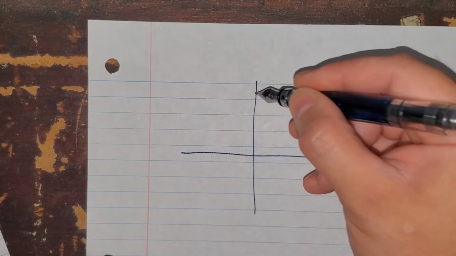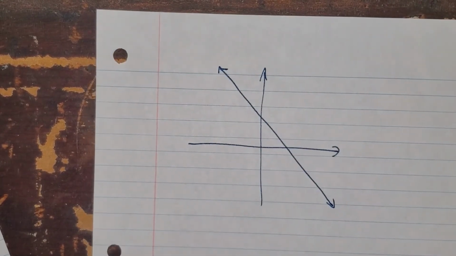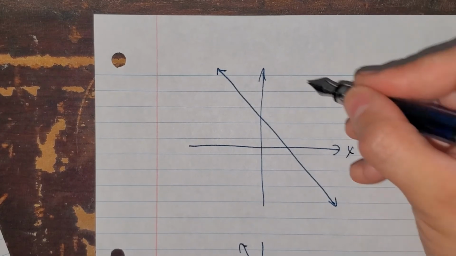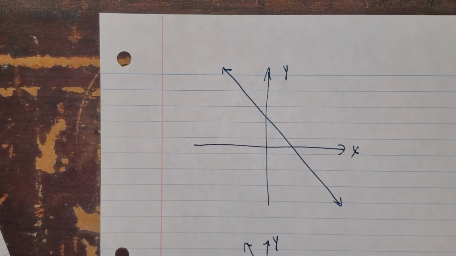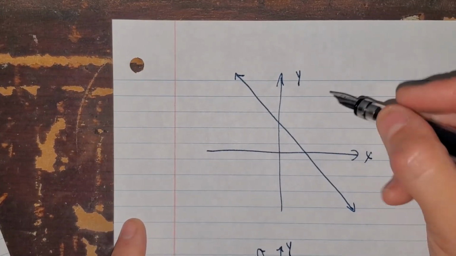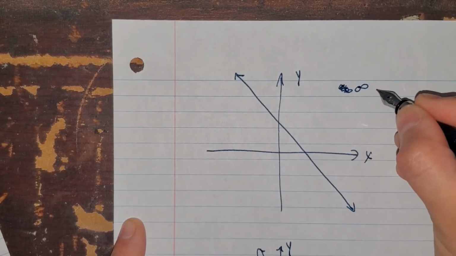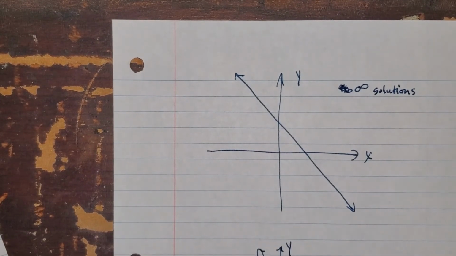So, I'm going to give you a scenario. You have this line, and I'm going to draw it twice. X and Y. For scenario 1, you say infinite solutions.